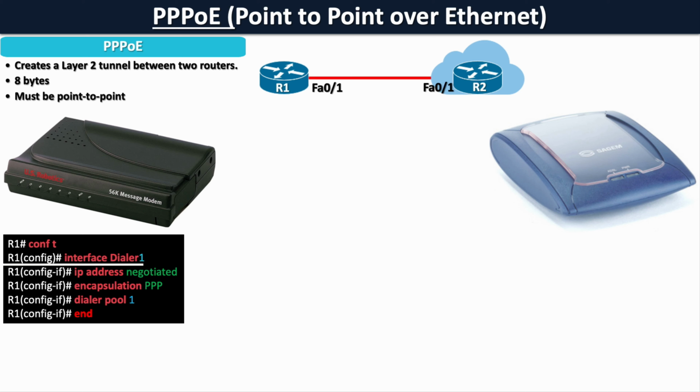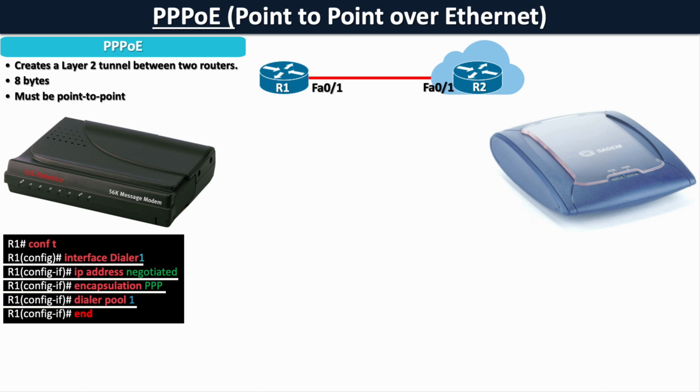The interface is created with the command interface dialer1. The command ip address negotiated allows the client to be asked to use an IP address provided by the PPPoE server. The encapsulation command sets the encapsulation type to PPP, and the dialer pool command allows you to specify a dialer pool on the interface.